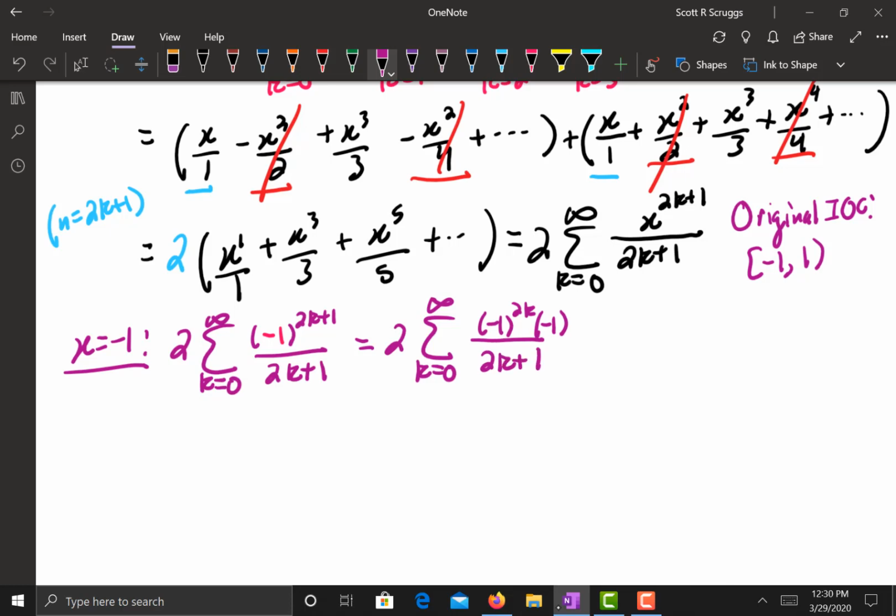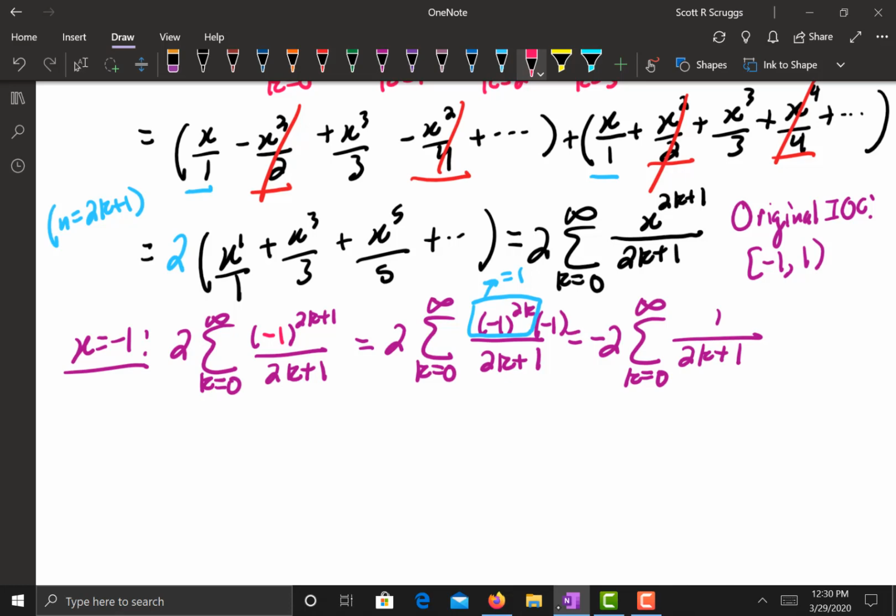Alright, so the first -1 term is being raised to an even power, so that's just going to be 1. And that -1 is just treated as a coefficient. So I have -2 times the sum from k equals 0 to infinity of 1 over 2k plus 1.